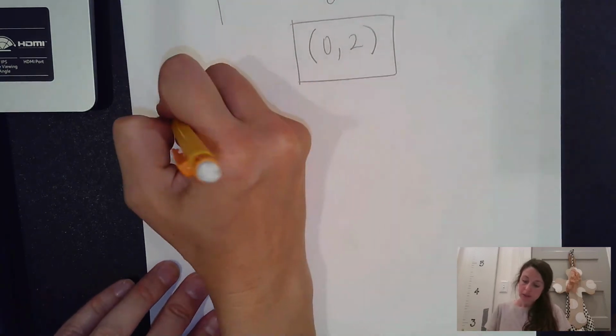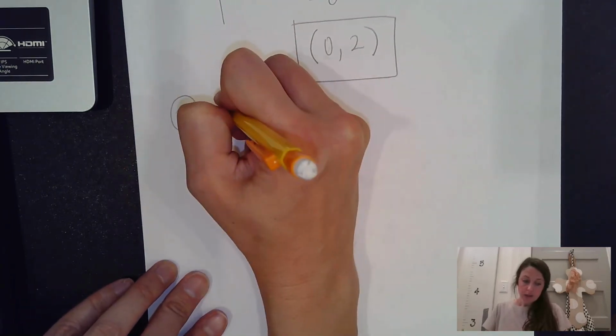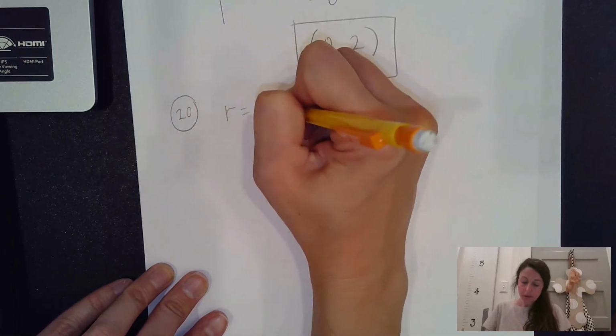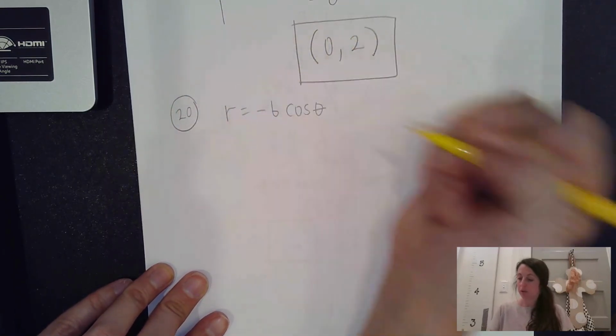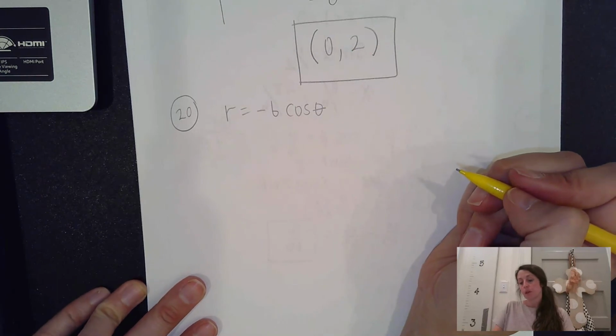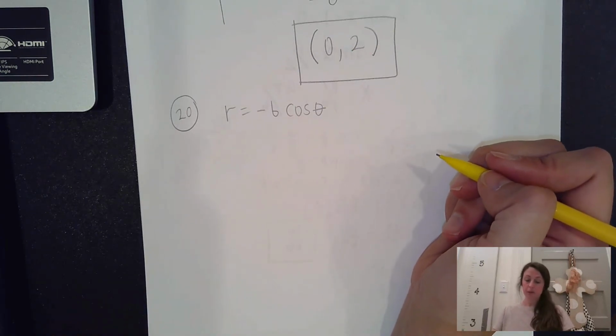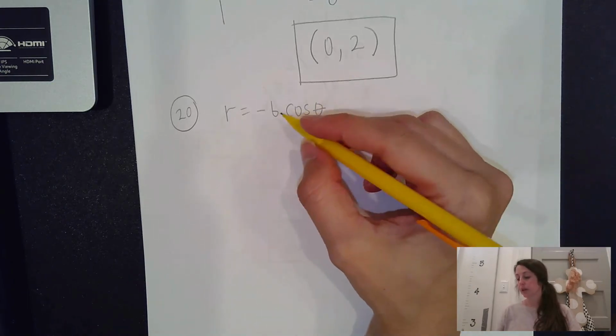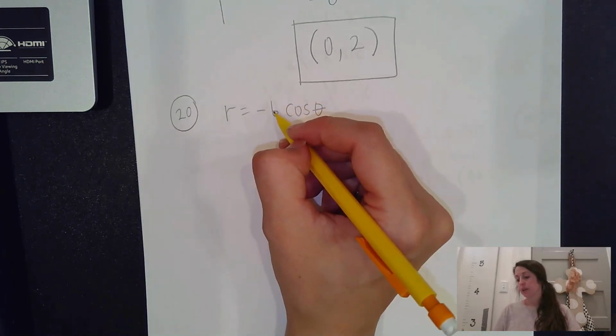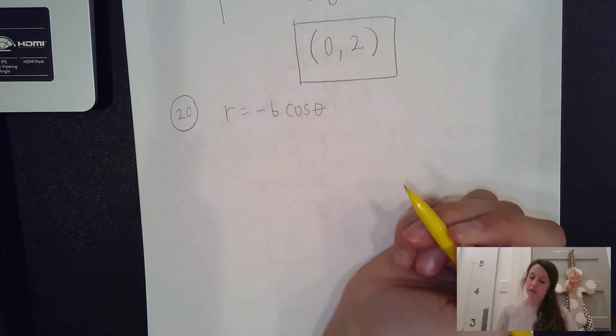All right. So we also looked at changing polar equations into rectangular equations. If I look here, I've got r equals negative 6 cosine of theta.